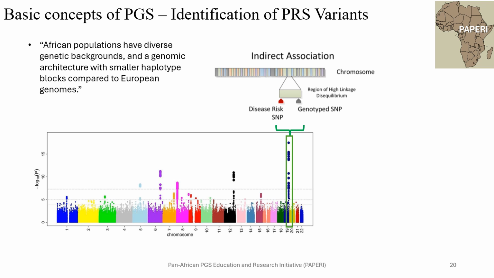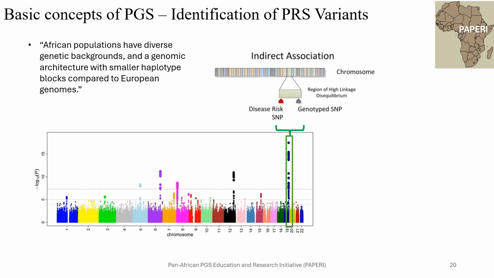However, when we apply the polygenic risk scores in populations with differing genetic architecture, the association between the true causal SNP, which actually influences disease risk, and the SNP we found in our GWAS is broken, due to the differing linkage disequilibrium patterns across the populations. This is what results in the drop-off in performance we see.